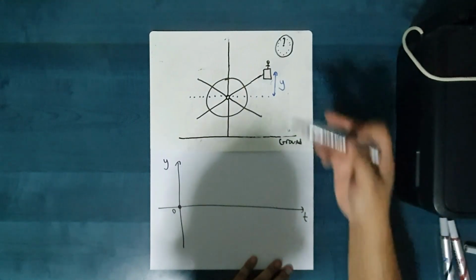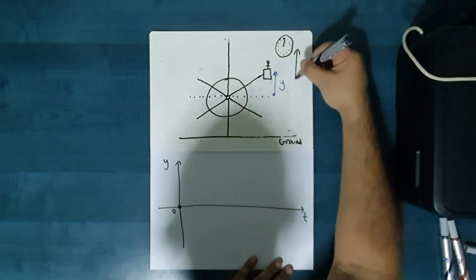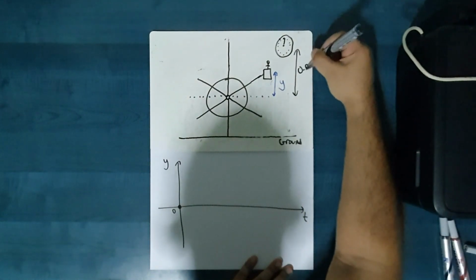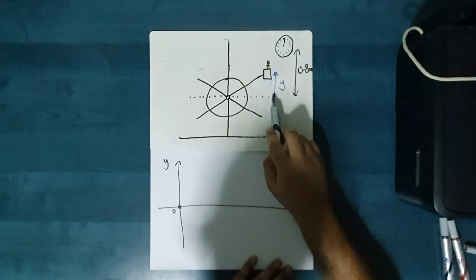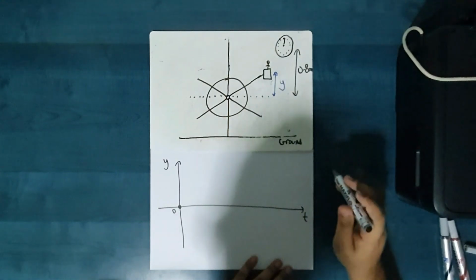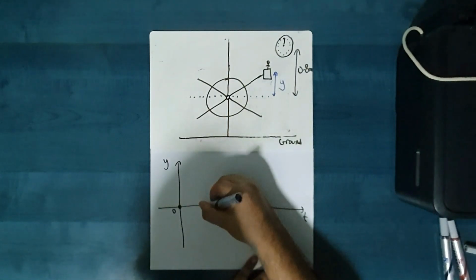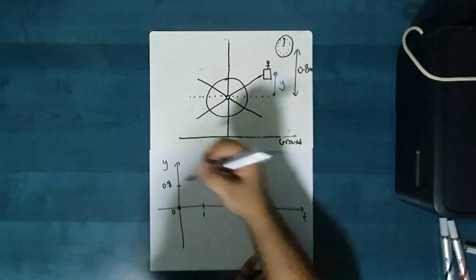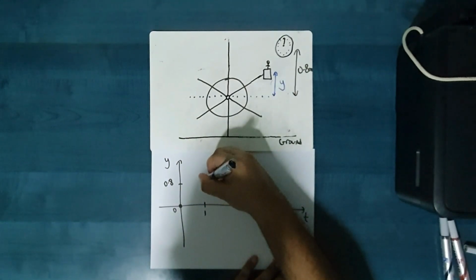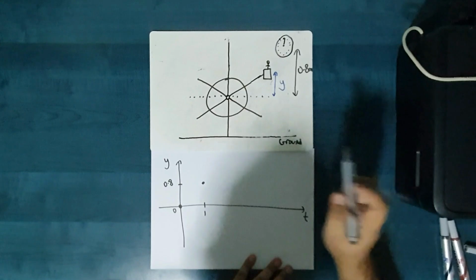And let us assume the highest point he can reach is 0.8 meter. So 1 second later, he reaches 0.8 meter. So it is this point.